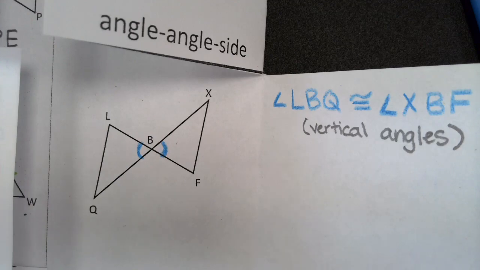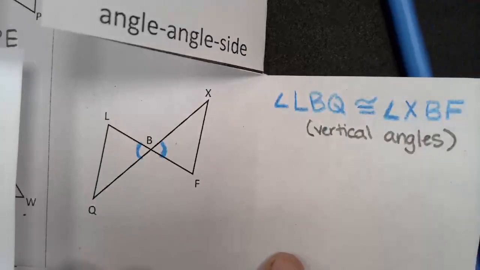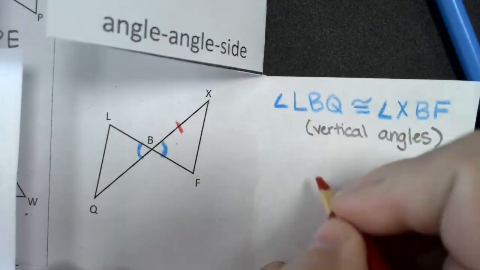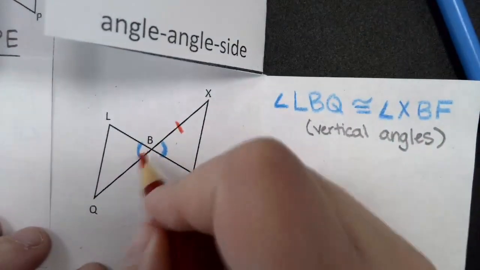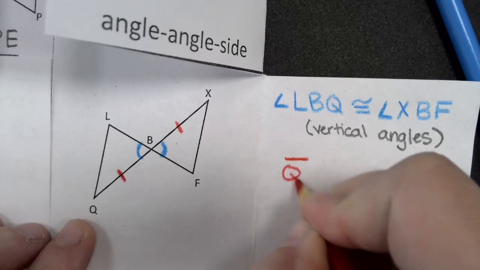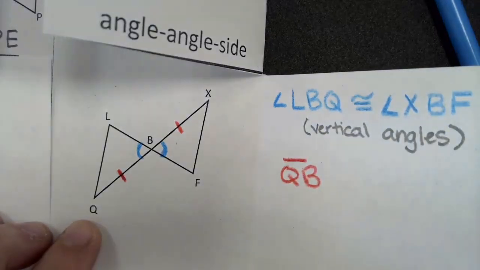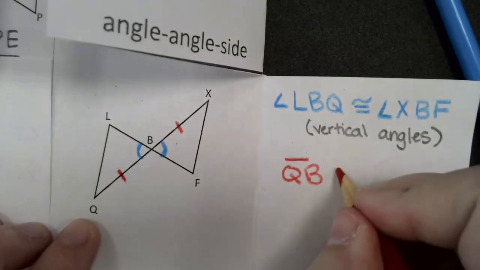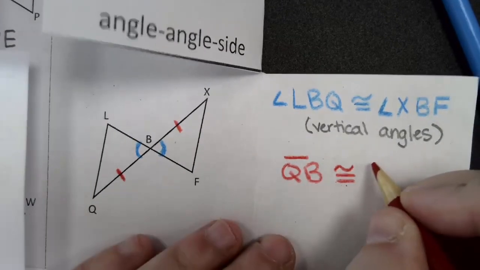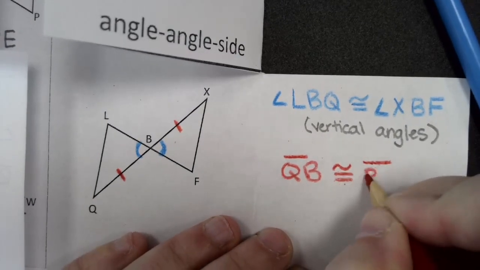Okay, so now I have angle, side, angle. So the side I'm going to pick this time is going to be really important. We're going to say BX is congruent to QB. QB is congruent to BX or XB.